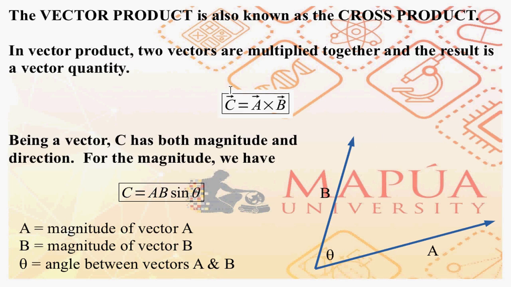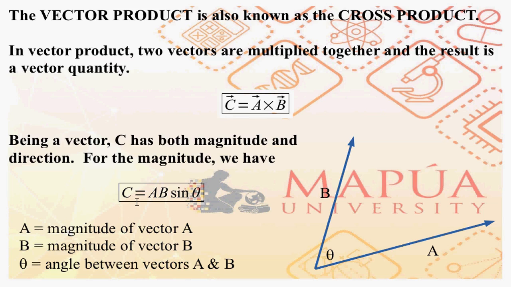Now, since C is a vector quantity, it has two pieces of information contained in it, magnitude and direction. To determine the magnitude of vector C, we just use the following equation.